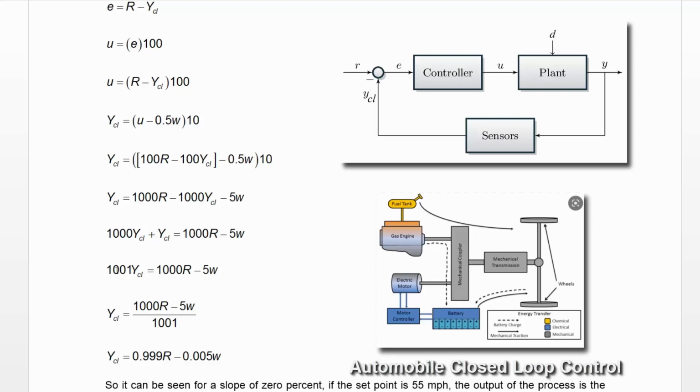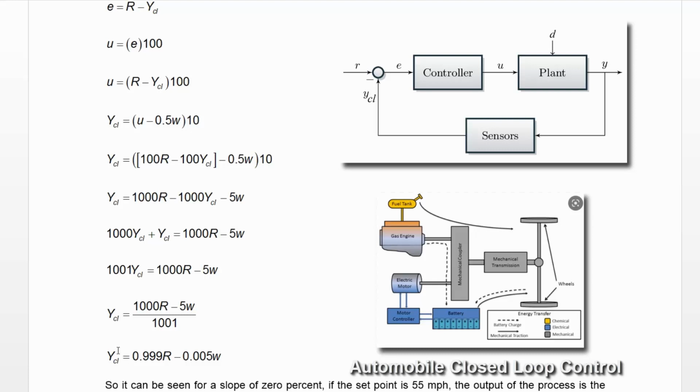So that becomes 1,001 times YCL equals 1,000 R minus 5W. Divide both sides by 1,001. And we get YCL equals 1,000 R minus 5W over 1,001. So that's 1,000 times set point minus 5 times the disturbance slope divided by 1,001 equals our output speed.